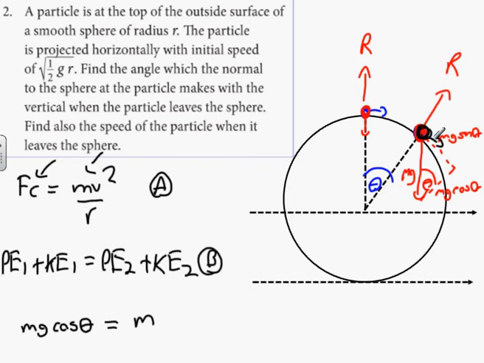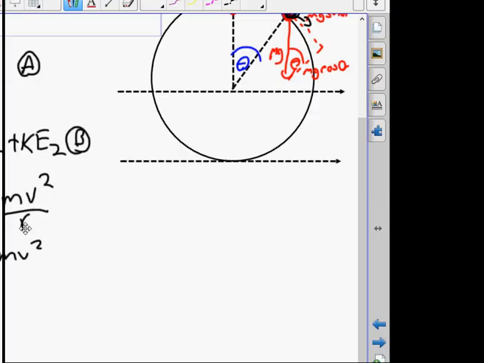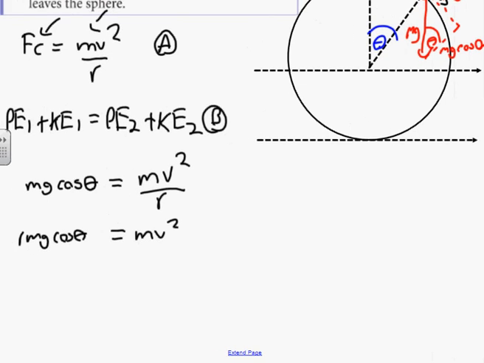What you're talking about is its initial speed when it kicked off. It's going to get faster because gravity's going to be working with it, and then it's going to go flying off the edge. So that's just going to equal mv squared. Do we have any idea what the radius is? Just r. I like to keep it as mv squared always. So it's mv squared over r equals mg cos theta. That there is equation A. Everybody happy with that? Equation A.